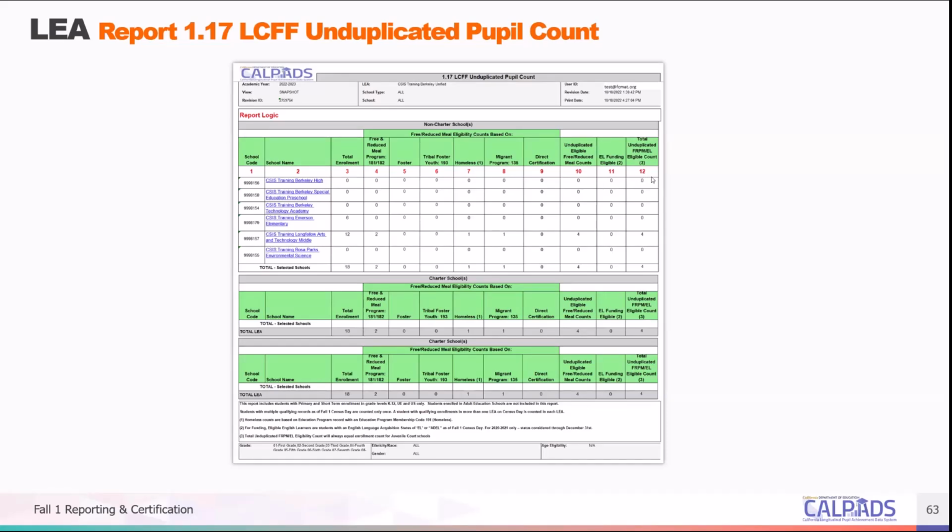So 12 ultimately is the total number of students you have identified as eligible for LCFF. And if you want to reconcile these counts, you're not going to do determination or investigation of these buckets. What you're going to do is look at report 1.18.